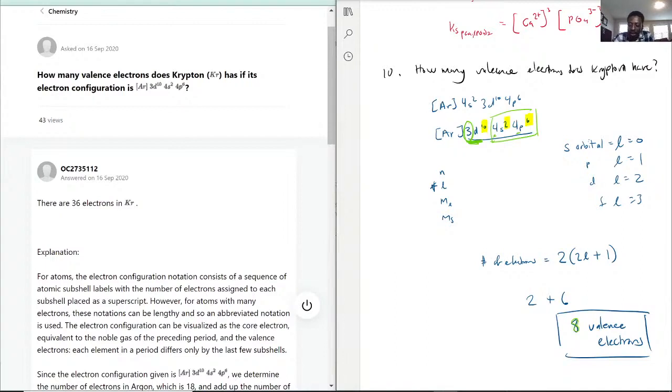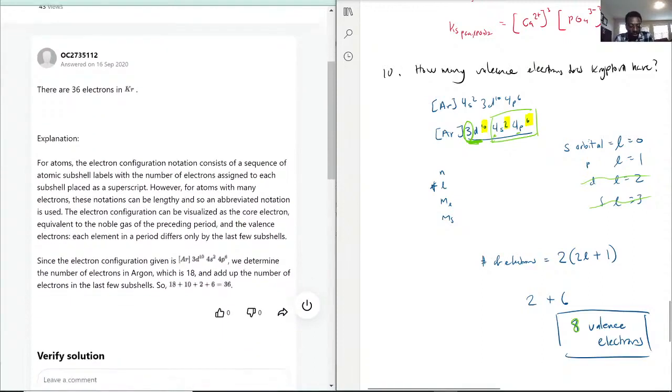Sorry about that. That's why we did the notation here, because it shows us that this 3d10 is from the previous shell. So the valence electrons are just going to be 4s2 4p6, which is 8. We don't use this because the d orbital is in the previous shell and there's no f orbital.